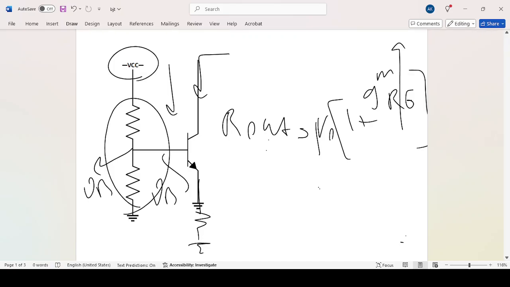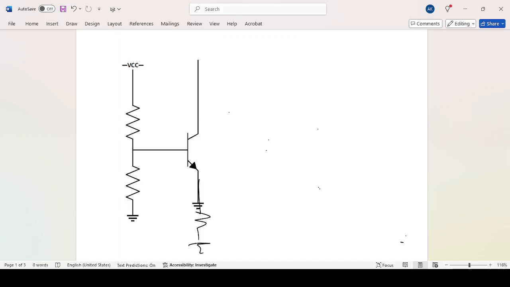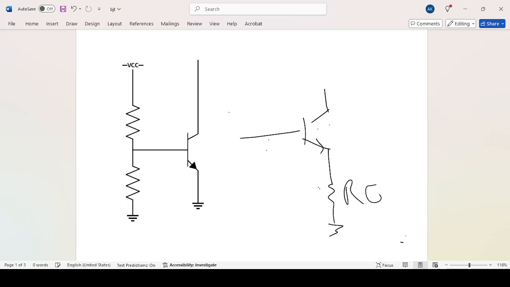But besides using equations and everything, I always like to inspect circuits, and one way to find out if this circuit, by adding an RE at its emitter, would have a higher R out is just to look at it differently.